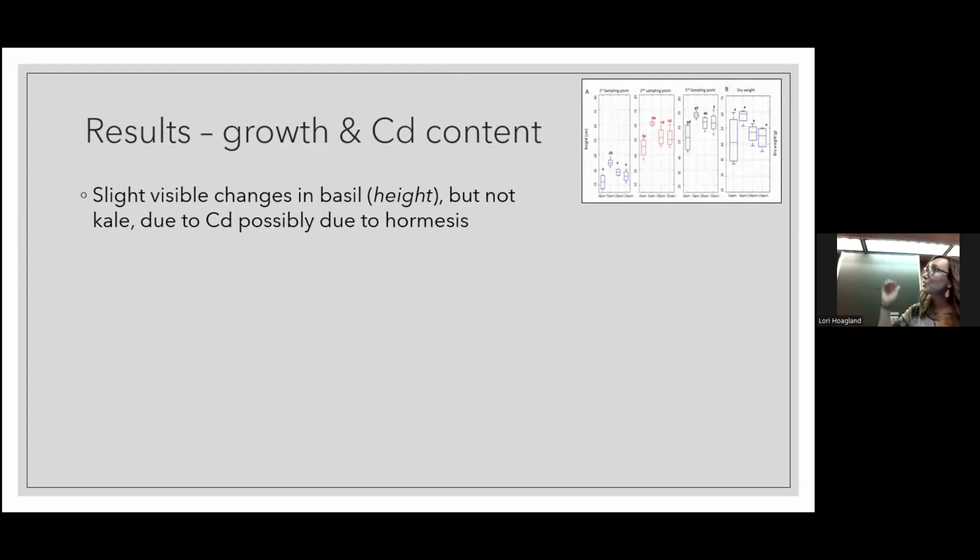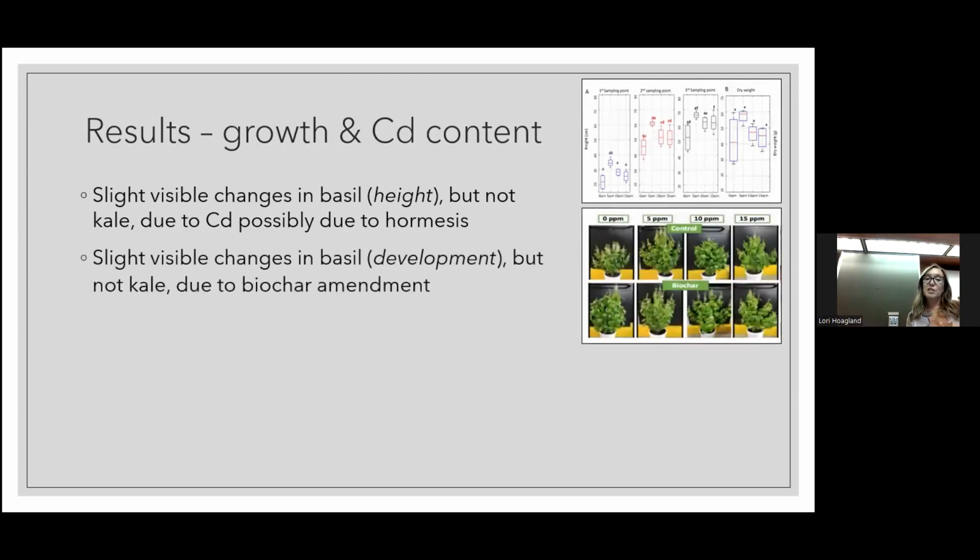We actually saw a slight increase at 5 milligrams per kilogram, which does not mean that the plants were actually benefiting from cadmium, but we think it was due to a phenomenon known as hormesis, where plants at low levels of stress actually try to outgrow that stress. We also saw some slight visible changes in basil based on the biochar amendment. Really, the biochar kind of slowed the basil development, with a little bit later flowering and things like that.